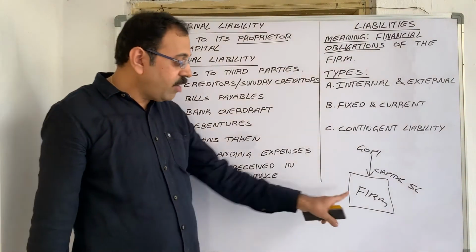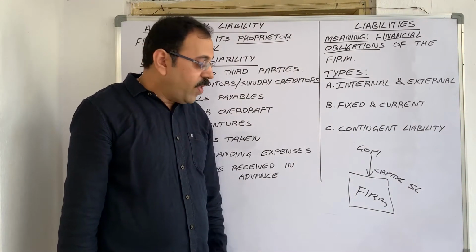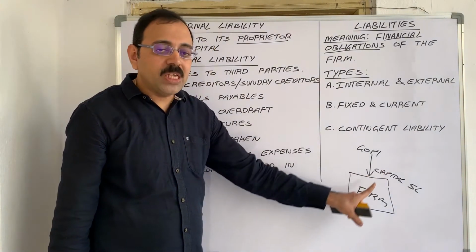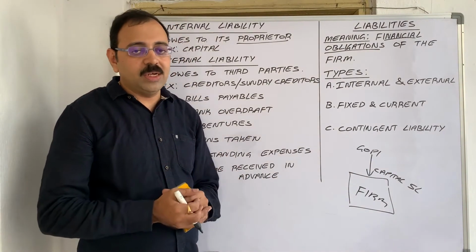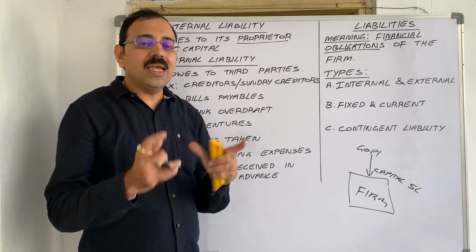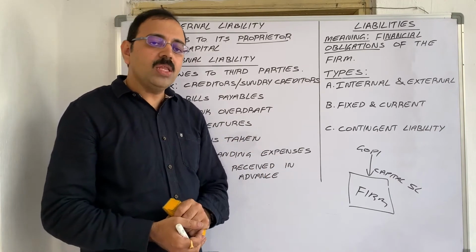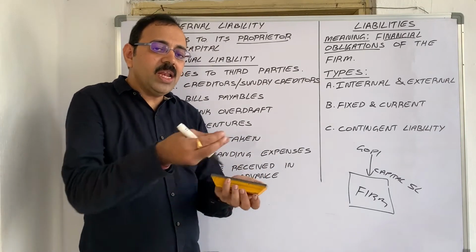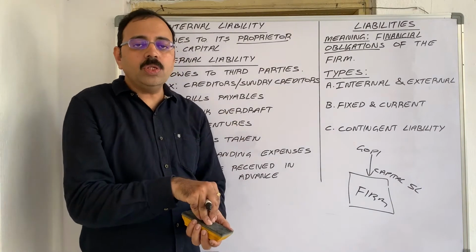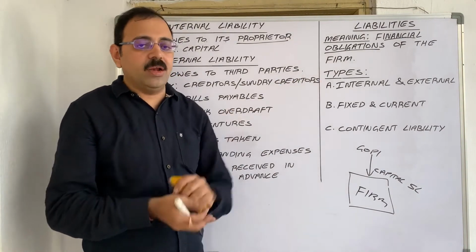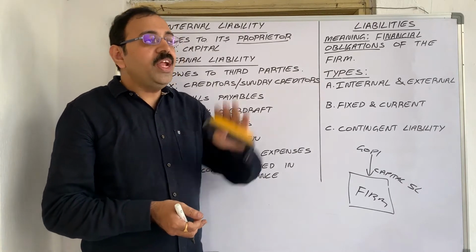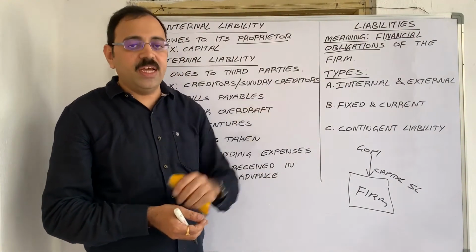Here, the accountant of this firm, while showing this 5 lakh rupees amount in the books, has to follow one concept, that is the business entity concept. What does that concept say? While recording the values in the books, show a discrimination between firm and owner. In other words, treat the owner as an outsider.